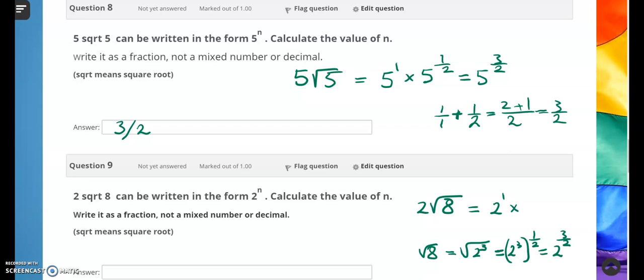So now I can plug this in here, so we get 2 to the power of 3 halves, and this means we've got to add these powers, which is 2, so 2 to the power of 2 over 2 plus 3 over 2, and then together gives 2 to the power of 5 over 2, or 5 halves. So n is equal to 5 over 2.